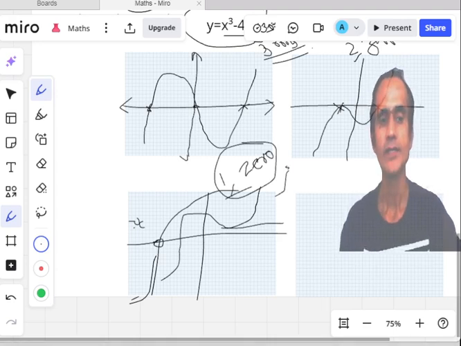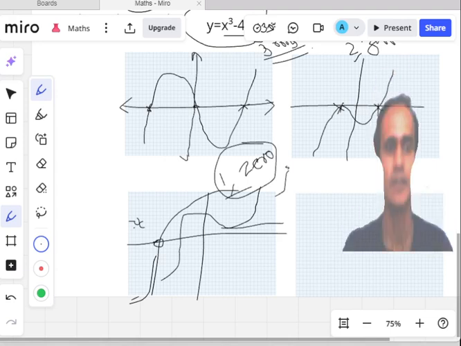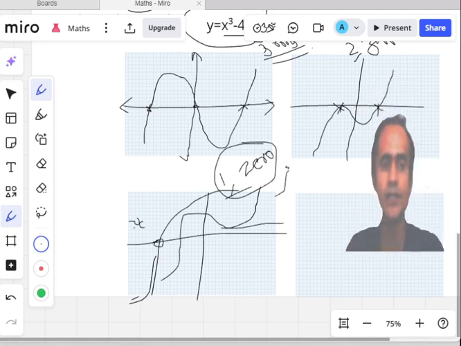Now in the next section we will study the relationship between the coefficients of the polynomial and the zeros. We already found out in part 1 that for a linear polynomial, the zero exists at minus b by a, where b is constant and a is the coefficient of x.